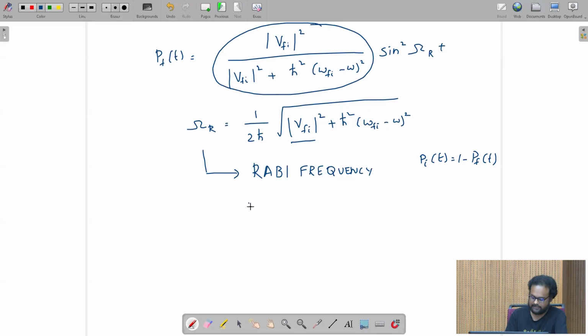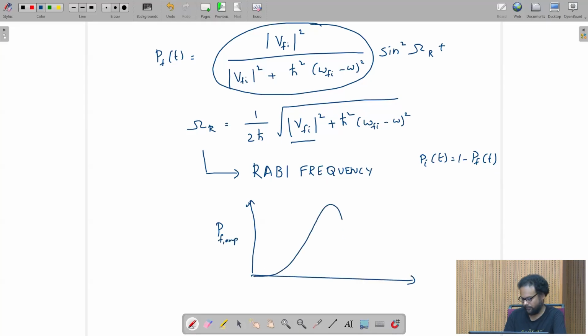So if I just plot that amplitude, let's call it P of amplitude, it's going to look, it's more Gaussian, I'm sorry, or skewed Gaussian, but let's assume it's Lorentzian. Around omega_fi, the width of the Lorentzian is given by 2 V_fi over h bar.